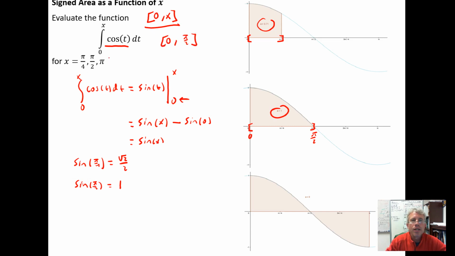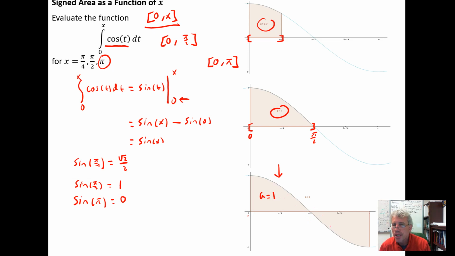And if I want to know the area under the curve of the cosine function on the interval from 0 to pi, I can just plug pi in for the sine function. Now the sine of pi is 0. And over here in the picture you can see what's going on. Between 0 and pi over 2, the area under the curve is equal to 1.